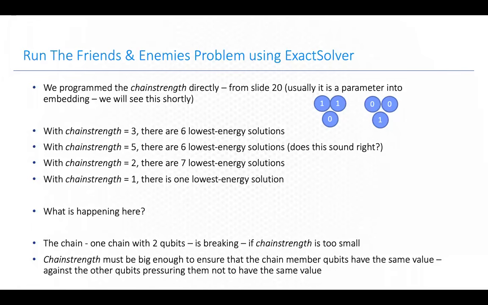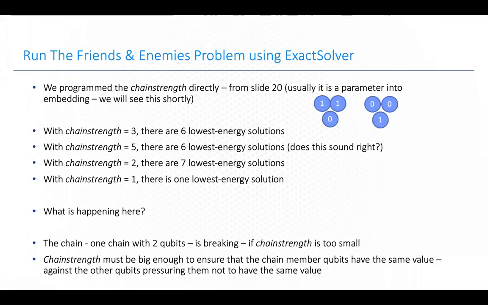And so there are 6 solutions. And if I up the chain strength to 5, I get 6 lowest energy solutions. But look what happens if the chain strength isn't high enough. If it's 2, I get 7, which is interesting. But then if I make the chain strength 1, there's only 1 lowest energy solution, and this does not sound right. In other words, I expect I get the same thing.